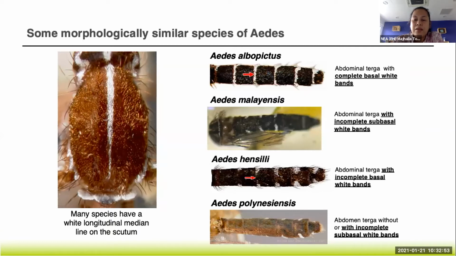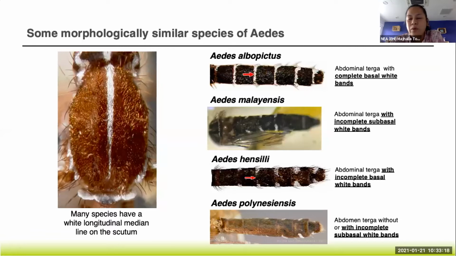On the other hand, this is also true for Aedes hensilli. Good thing we don't have hensilli, but it's also found in the Pacific Islands. It has incomplete basal white bands. So it must be very clear that you're looking at basal or subbasal. Basal is touching the line of the segment.